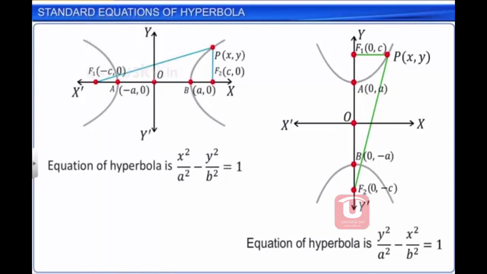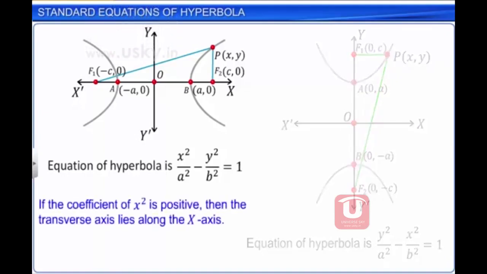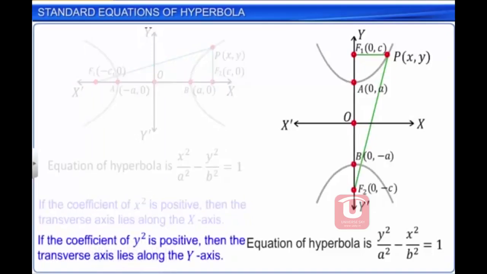Here, we can make some interesting observations. Observe that if the coefficient of x square is positive, then the transverse axis of the hyperbola lies along the x-axis. Similarly, if the coefficient of y square is positive, then the transverse axis of the hyperbola lies along the y-axis. Note that both the standard equations of a hyperbola contain even powers of x and y.